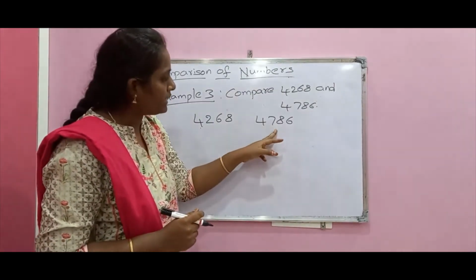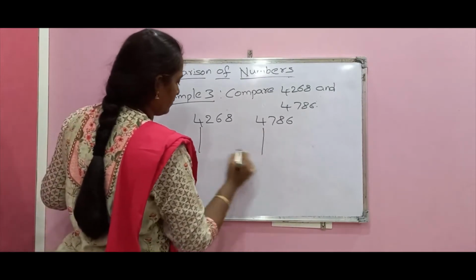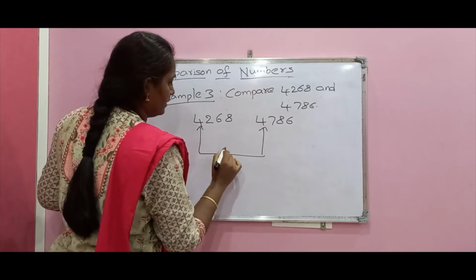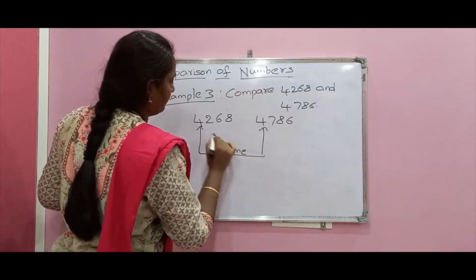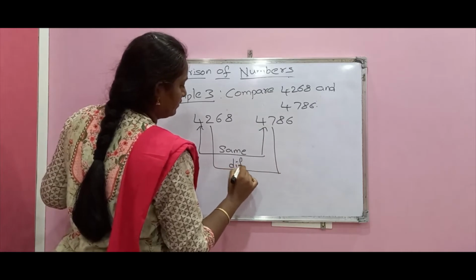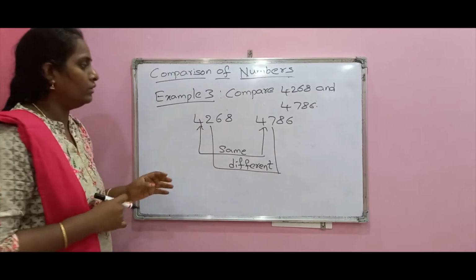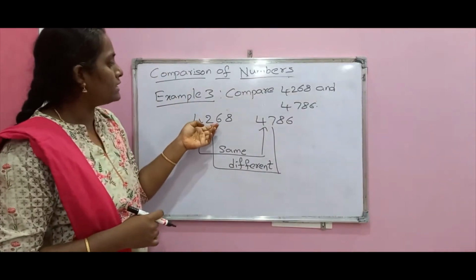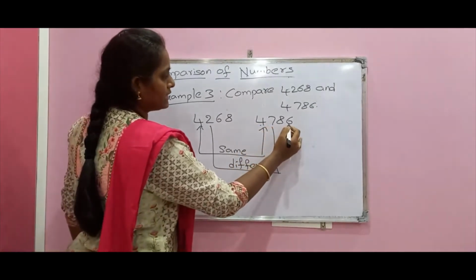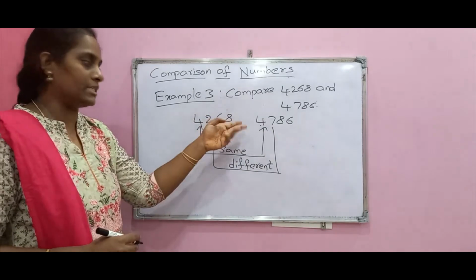Here in the hundreds place, 7 is there. Different. So, here 2 is smaller than 7. It means 4786 is bigger than 4268.